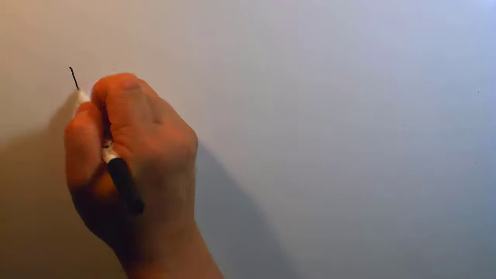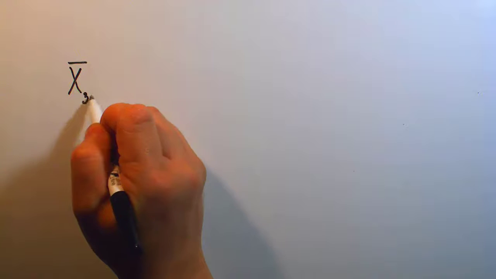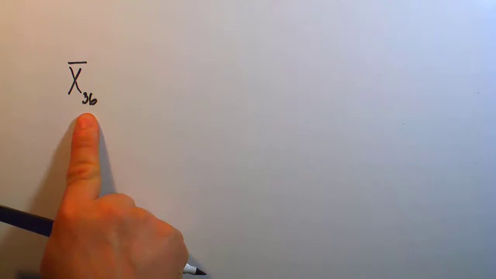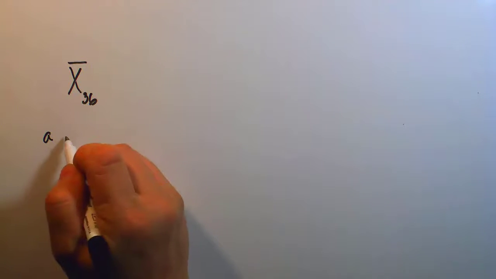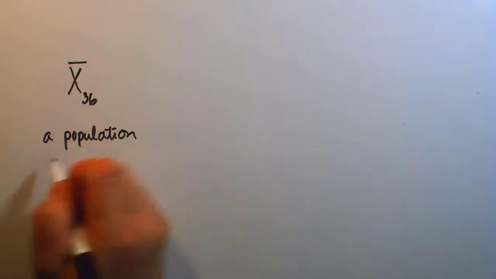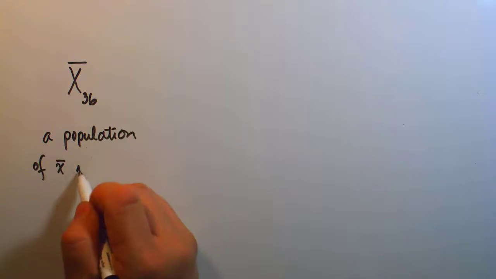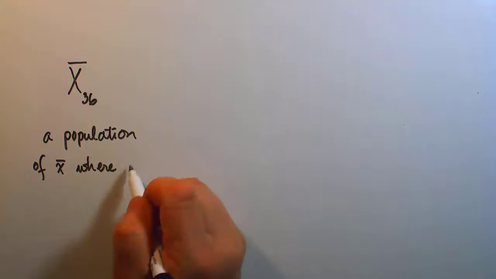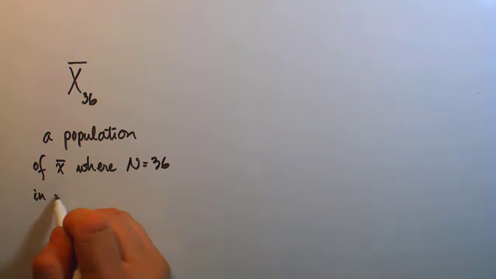And so putting it all together, one random variable, capital X bar with a subscript 36, represents a population of sample means, where n equals 36 in each sample.